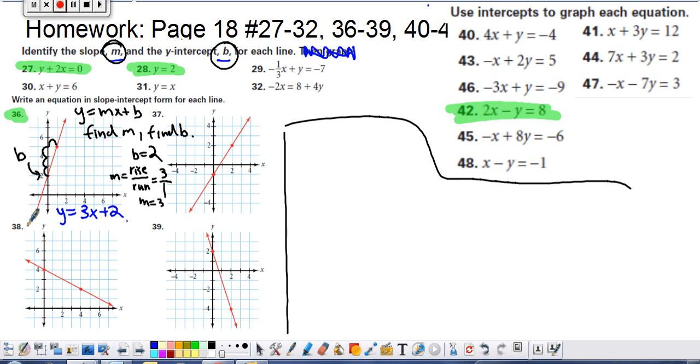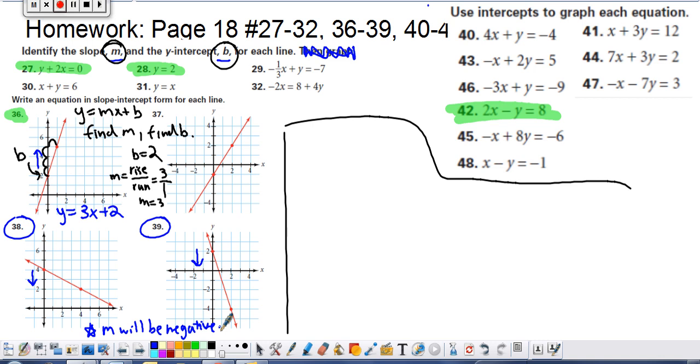A note for number 38 and 39: notice that you're not going to be counting up for these. You're going to be counting down for these. So your m is going to be negative.